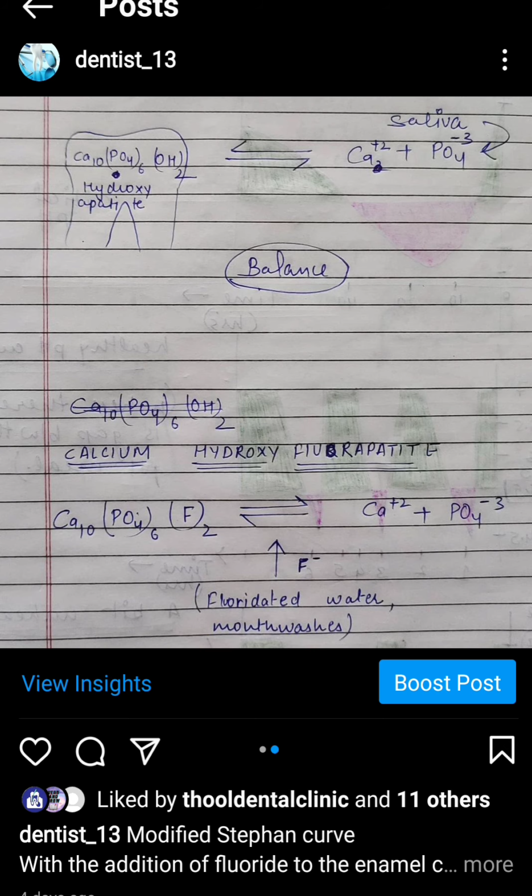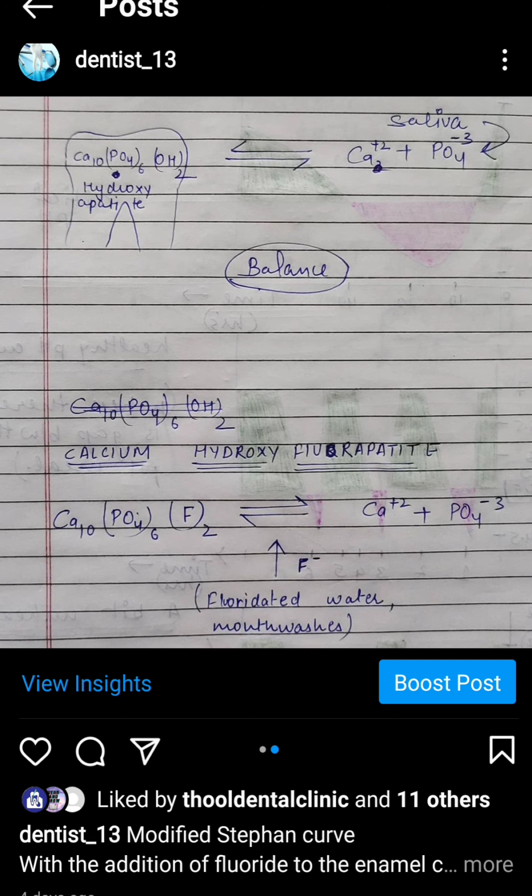As I have mentioned earlier, there are several methods by which we can make the enamel a better version of itself and make it stronger to fight this kind of acidic variation and increased frequency of meals. So one of the ways to do this is introducing fluoride.